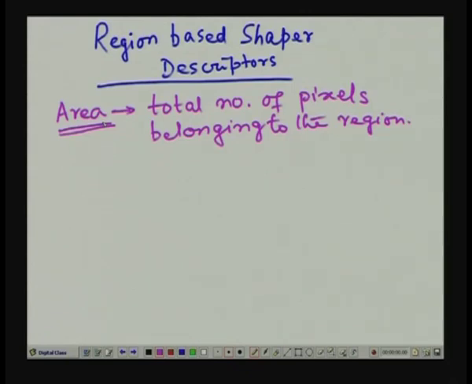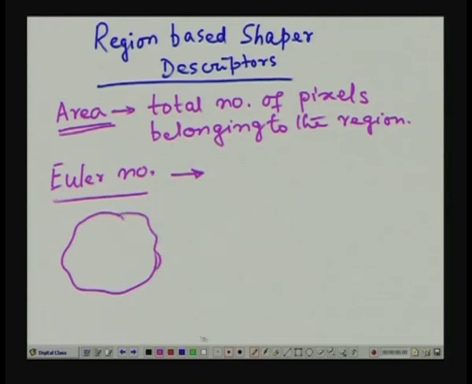The other form of descriptor is called Euler number. Now, Euler number is a simple topological invariant. What is Euler number? Suppose I have a region something like this, and within this region I have a number of holes.